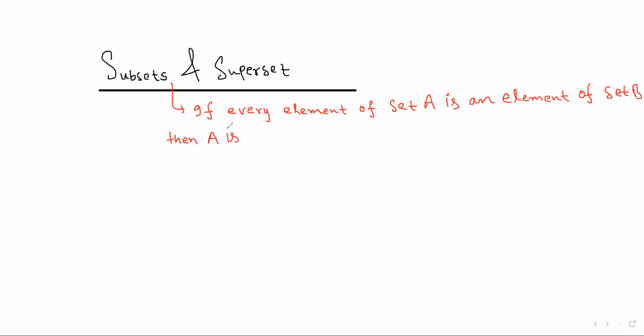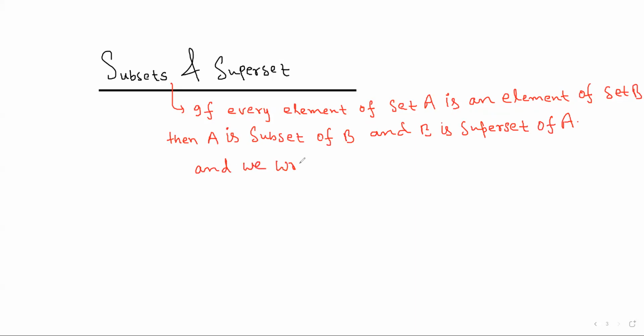A is a subset of B. And one important statement is that B is a superset of A, and we write it like this.